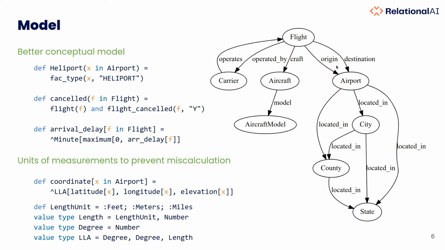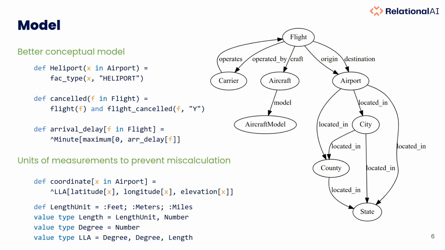So we're going to try to make a better model. This sketches out the basic model here. In our system, in a language that we call REL, we're going to model these things better and define clear concepts that the tools can work with. For example, we very clearly define what a heliport is. Those are very different properties, so you might immediately want to exclude that from certain queries and analysis that you're doing. We're going to define exactly what a canceled flight is.